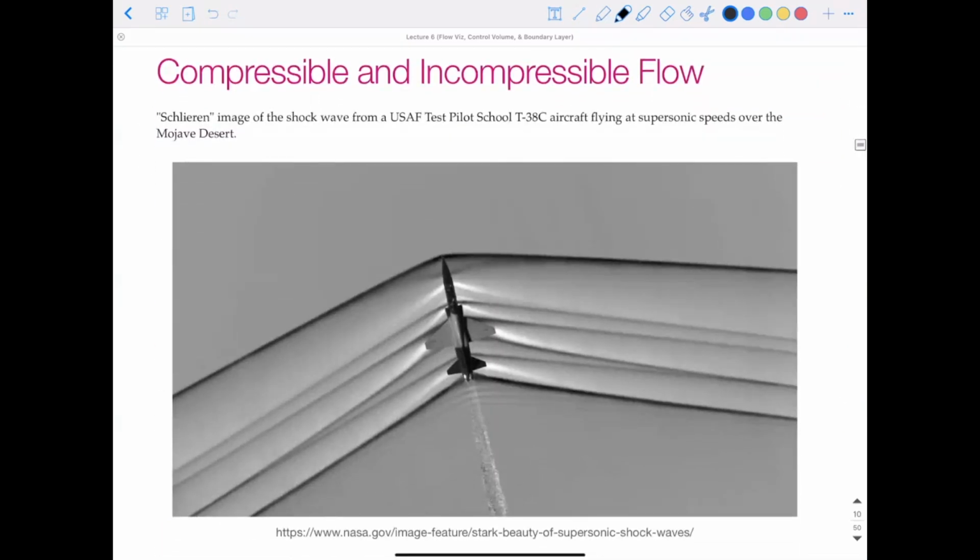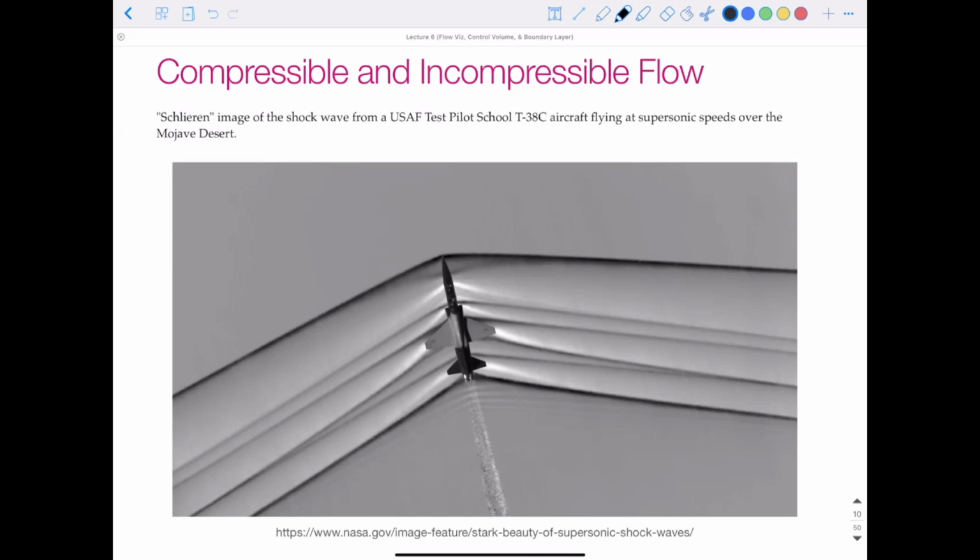Next, we had compressible and incompressible flow. That's kind of difficult to visualize, but there's a technique for photographing shock waves from aircraft called a Schlieren image. This is a picture of a US Air Force test pilot and his aircraft flying at supersonic speeds.